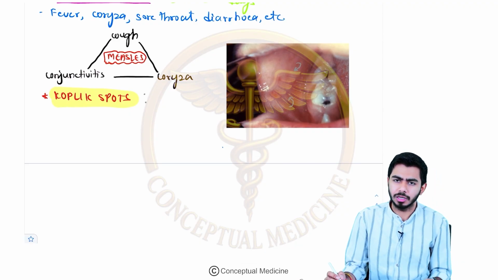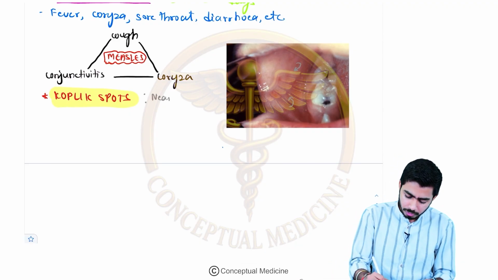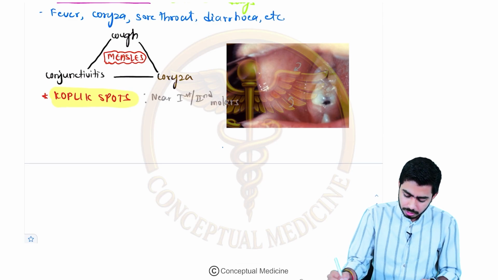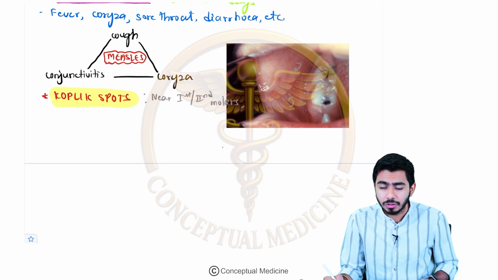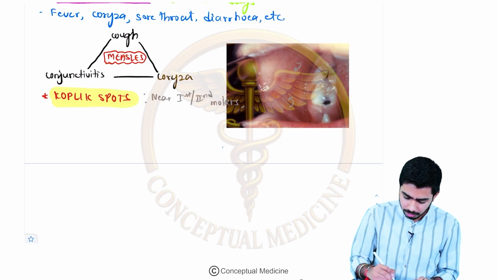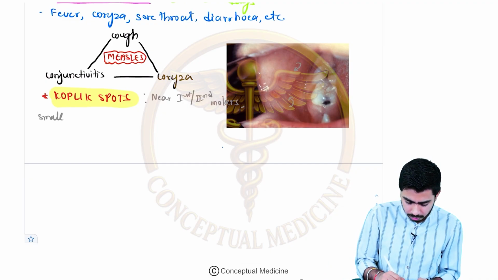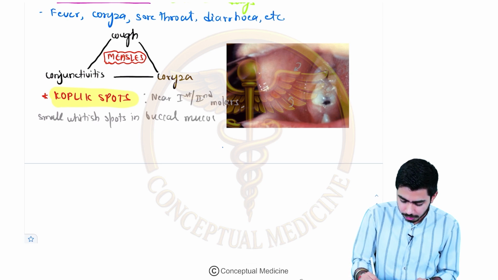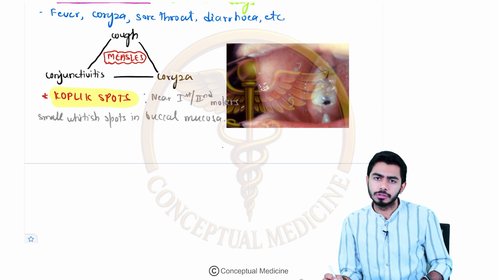In Koplik spots, near the first or second molars, you are seeing small whitish spots in the buccal mucosa. So that is your Koplik spots which are actually seen in measles.